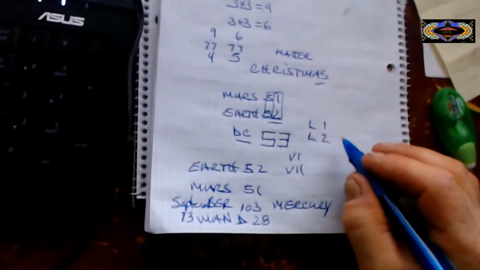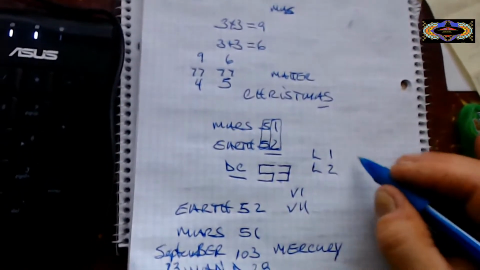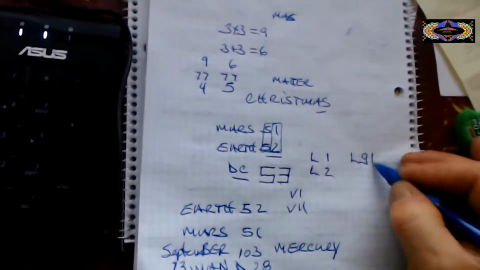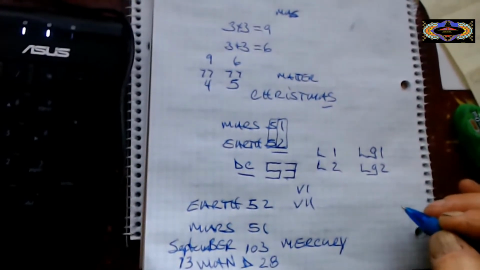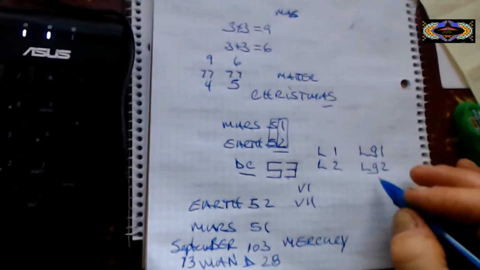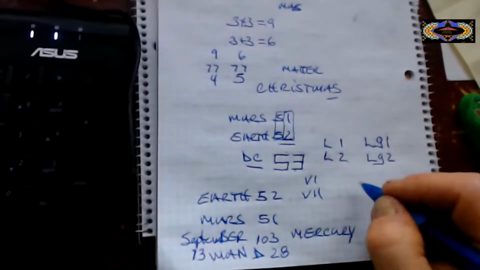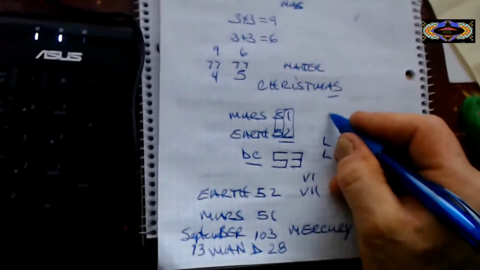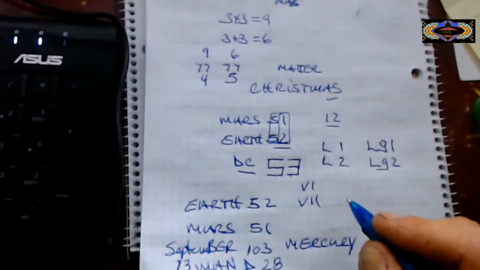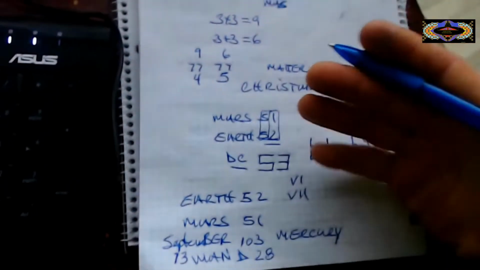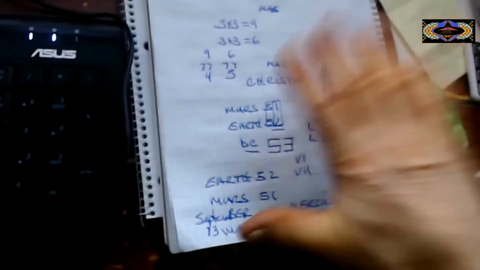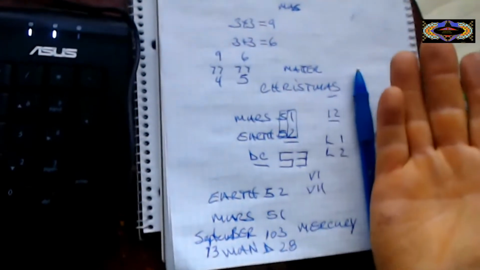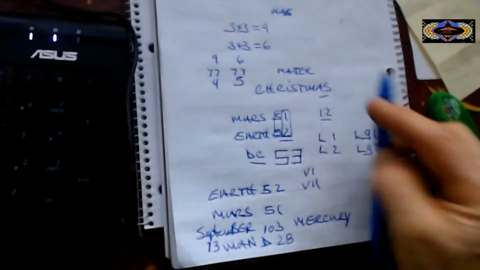But the thing is, there's a hidden secret inside of here because it's LG1 and LG2. Why would it be LG1? Because the minute you have L, you have the 12th letter. Your numbers end at 9. Okay, ABC comes back into the game as 10, 11, and 12.